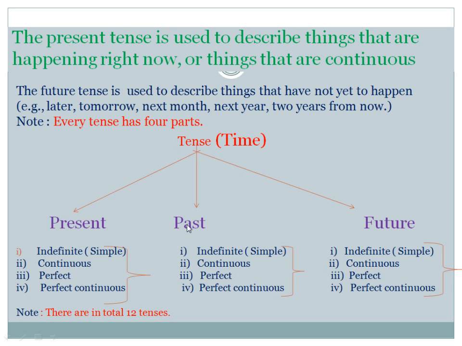Past indefinite, past continuous, past perfect continuous. Future indefinite, future continuous, future perfect continuous. Then we can add 4. 4 into 3 is equal to 12. So we can say there are in total 12 tenses.